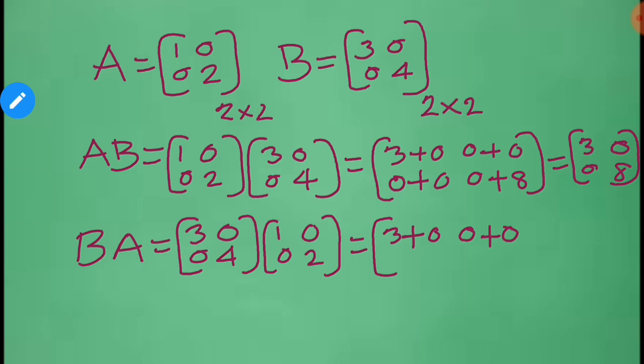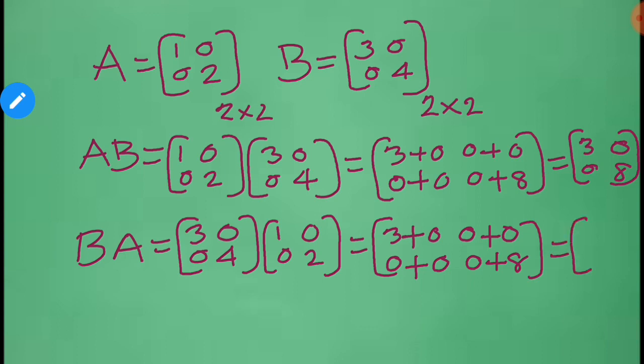Now second row with the first column, 0 into 1 is 0, plus 4 into 0 is 0. Now second row with the second column, 0 into 0 is 0, plus 4 into 2 is 8.